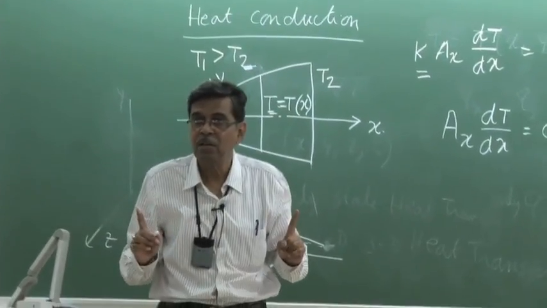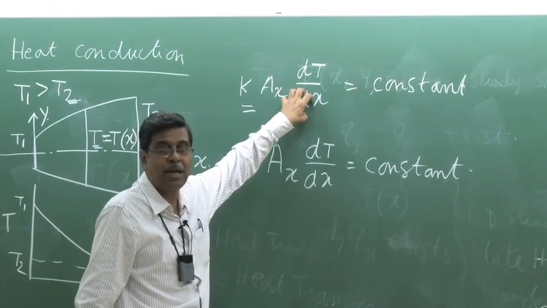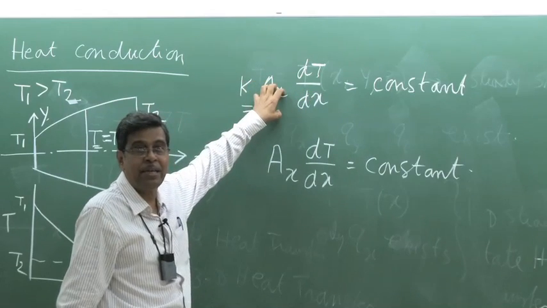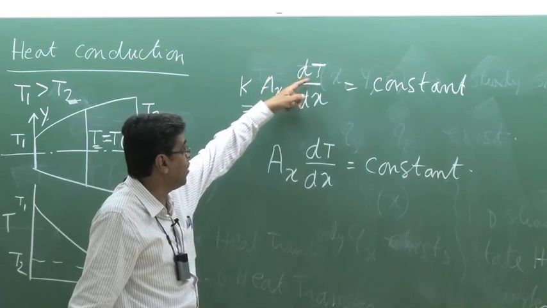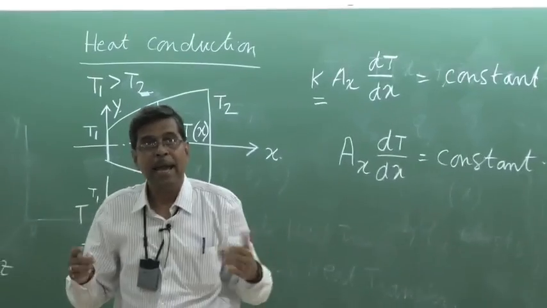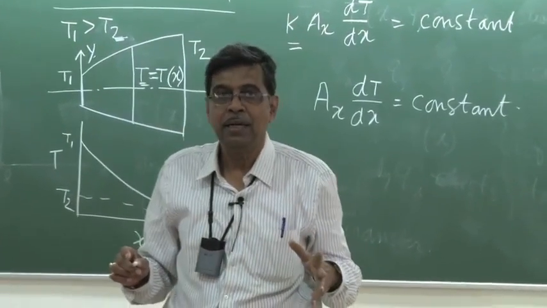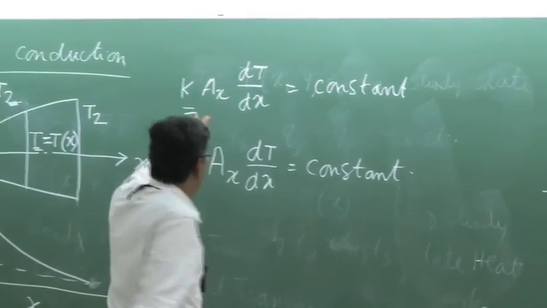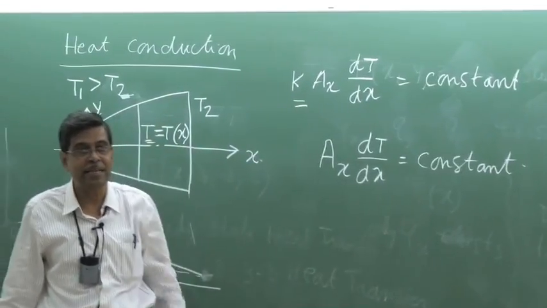So this is clear. The essence is that kA dT/dx is constant for one-dimensional steady-state heat transfer. k may vary, A may vary. k may be a function of temperature; since T is a function of x, k will also be a function of x. A may be a function of x. So to find the temperature as a function of x analytically, this all depends on mathematics. The concept of heat transfer ends here: kA dT/dx is constant.